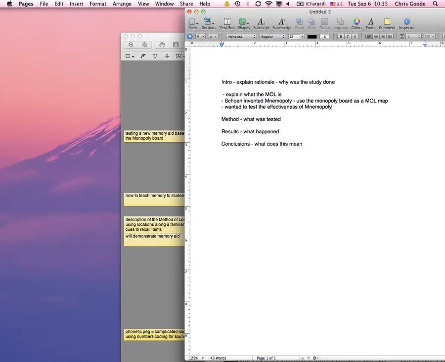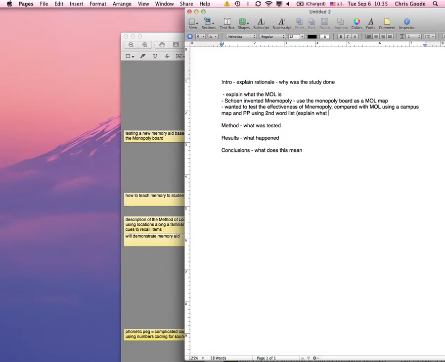Wanted to test the effectiveness of Monopoly and compared with method of loci using a campus map and phonetic peg system using a second word list. And then somewhere in here, I'm going to have to explain what the phonetic peg system is, and good luck with that.